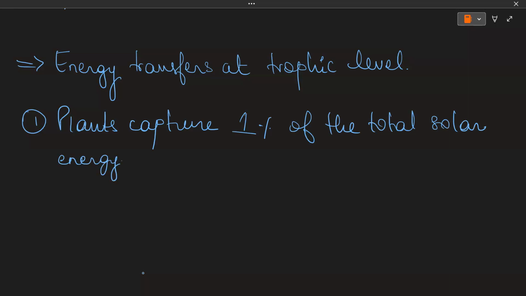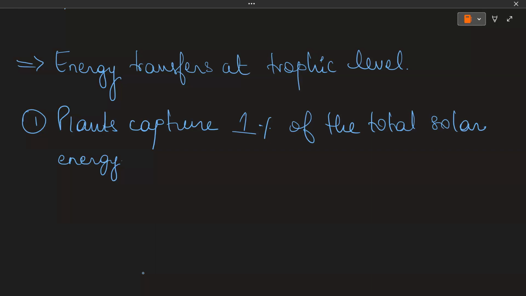And it does not actually mean that the plants only have 1% of the entire energy. Just imagine the sun is upon your head. The amount of heat that the sun produces, which reaches us, is so massive, isn't it? So if we take even 1% out of something so massive, that even that is large.